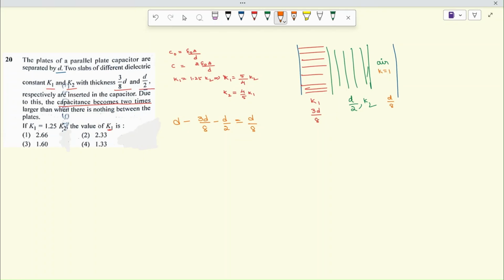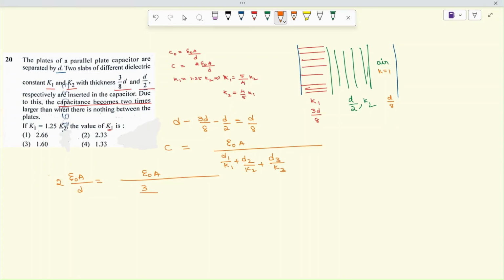Now in such capacitors you have the equation: resultant capacitance will be equal to epsilon naught A by d1 by K1 plus d2 by K2 plus d3 by K3. There are three parts. So what can we write? Resultant capacitance is epsilon naught A by D into 2. So 2 epsilon naught A by D is equal to epsilon naught A by, what is d1? 3D by 8.